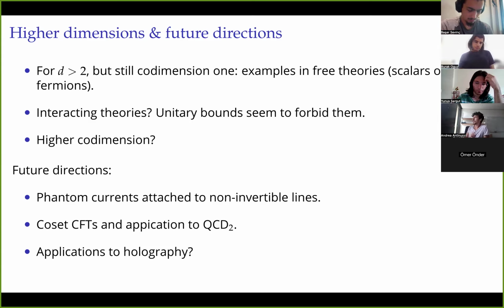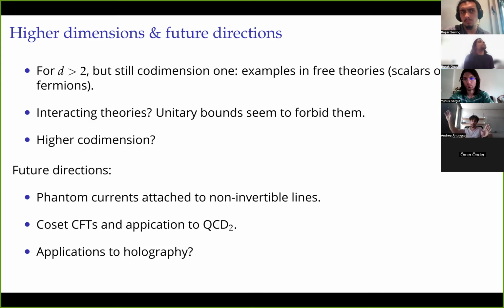The story will be a little bit different, in the sense that when you study higher codimension defects, you're not going to do the folding trick anymore. Instead, you will reduce around the sphere around the defect, and you will go to something like AdS space times a sphere, the round sphere around the defect.